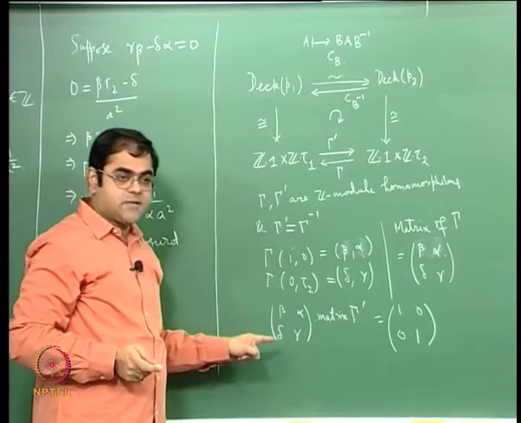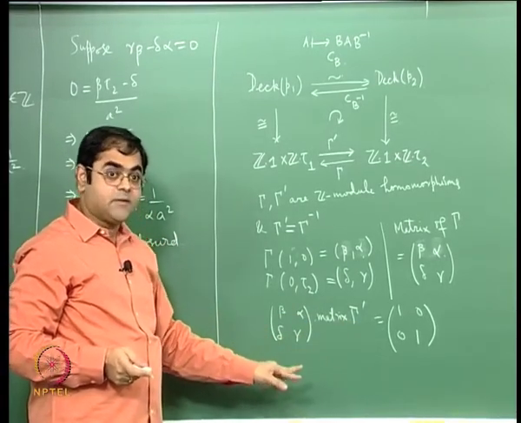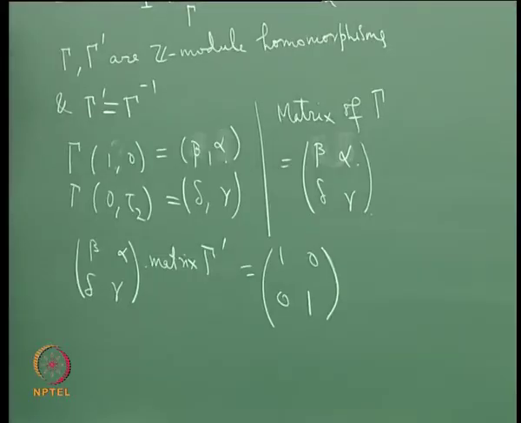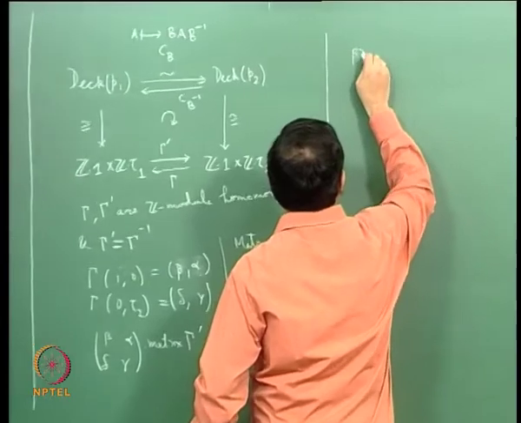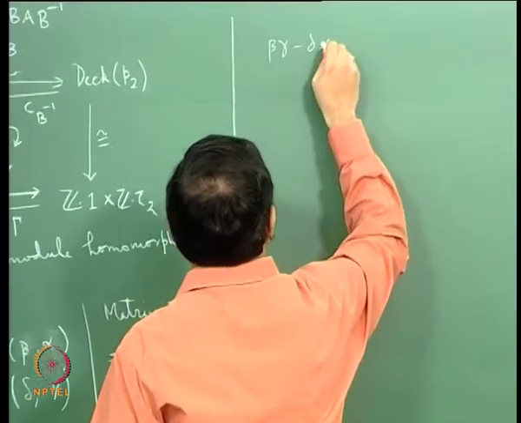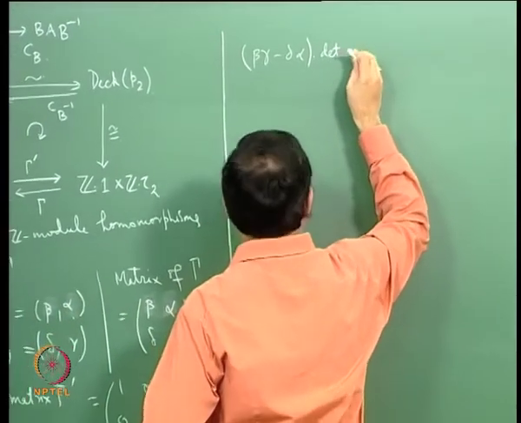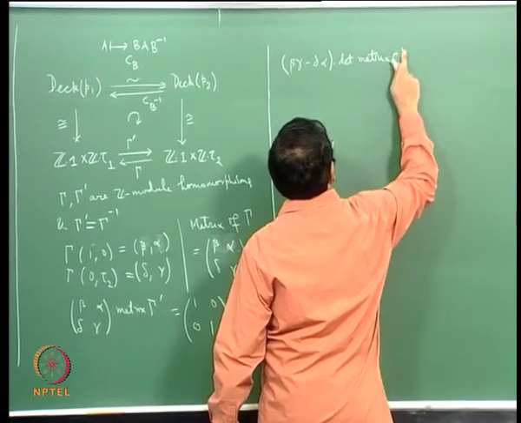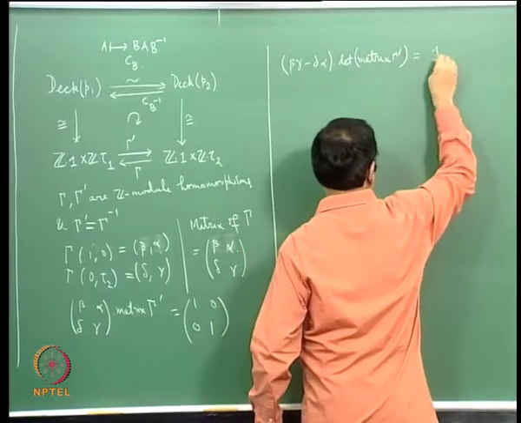In any case, this is the equation that helps me, because now if I take the determinant, and notice that all my calculations are happening in Z, the integers, I will get beta gamma minus delta alpha, times the determinant of the matrix of gamma prime, is equal to 1, okay.